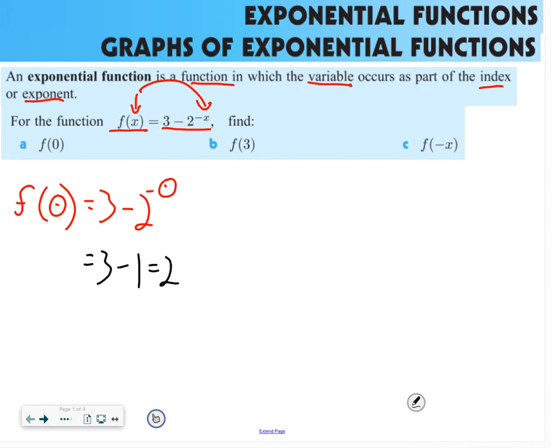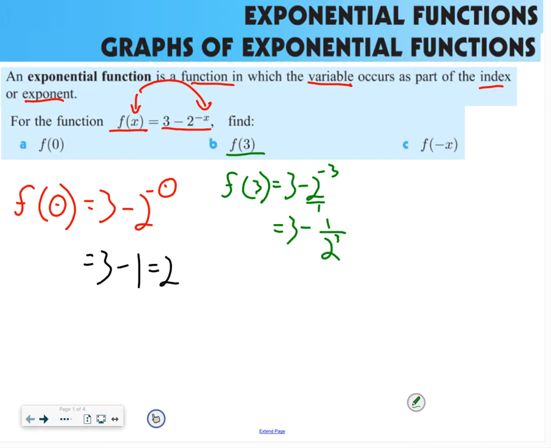On B, for f of 3, go ahead and plug that in. So f of 3 is equal to 3 minus 2 to the negative 3. Well, any negative exponent, I can write as a reciprocal. So if this is over 1, I can write this as 1 over 2 to the third.